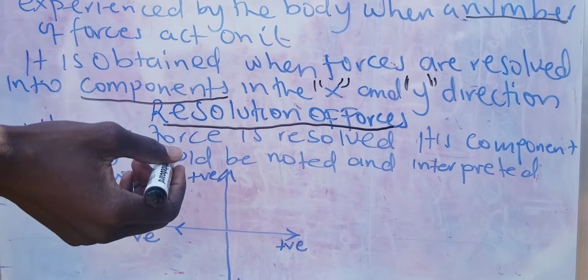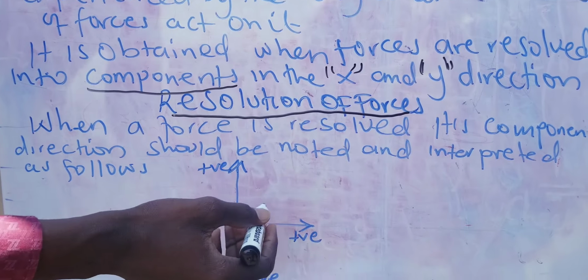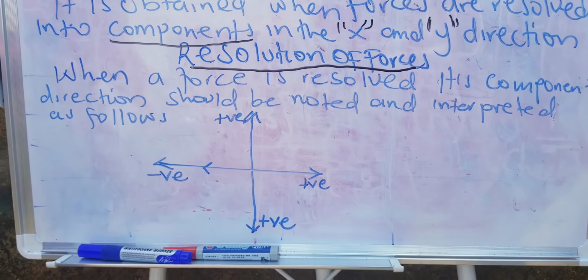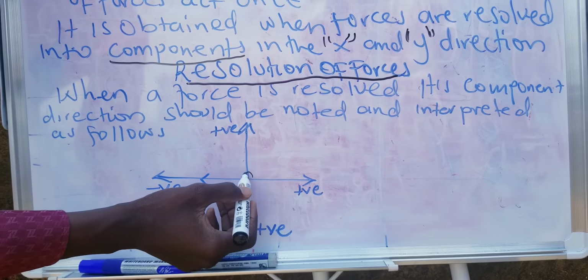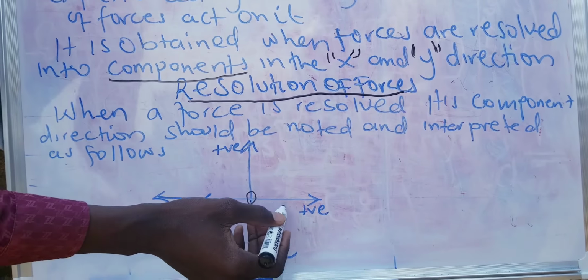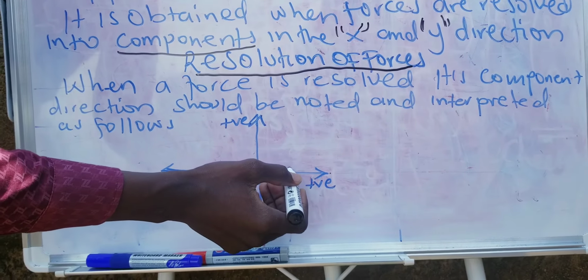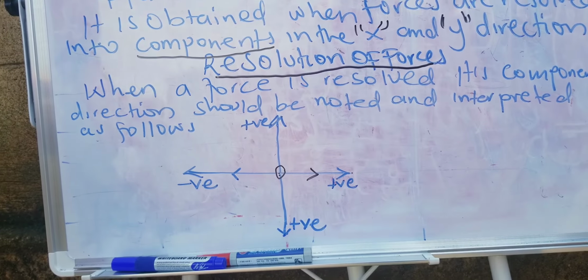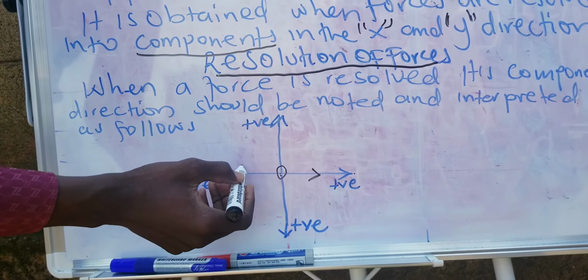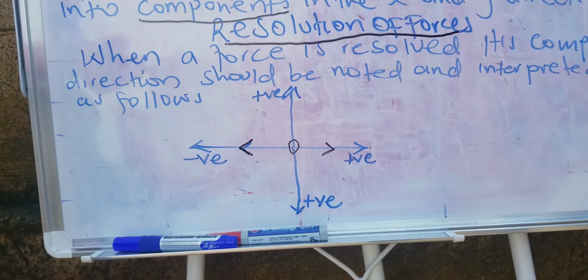So this, which you normally call the x and y axis when you are dealing with integers, is going to guide us. If this is our origin here, from here going this side, if you have a force pointing this way, that will be a positive force, that is in the x direction. If you have a force pointing this side, it will be a negative force.